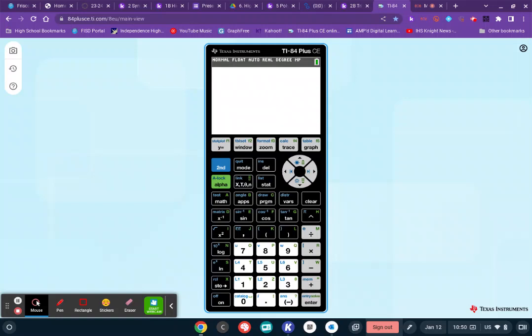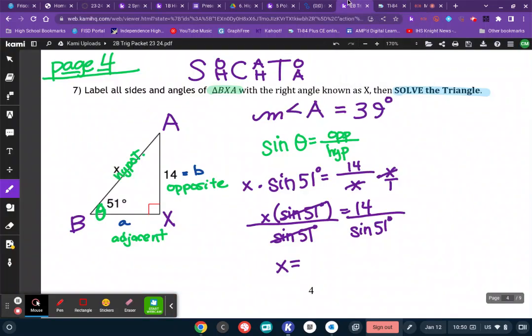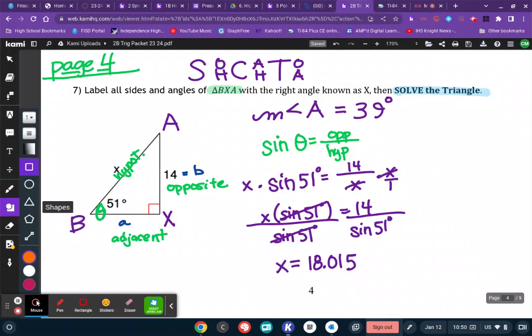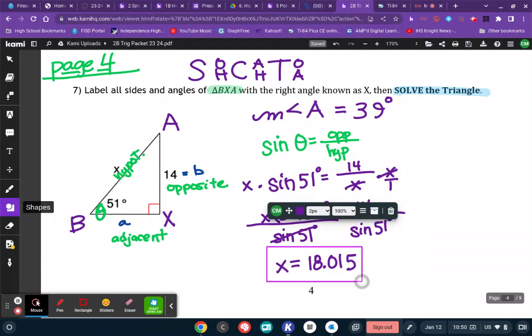And then we're going to do 14 divided by sine of 51. 18.015, because I need to round to the third decimal place. There's my hypotenuse length.